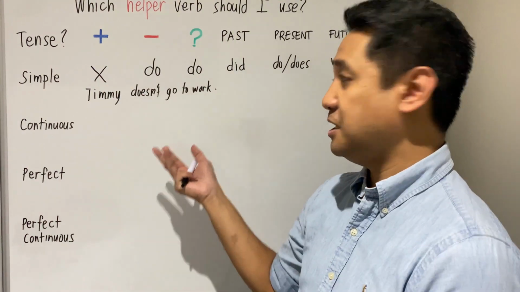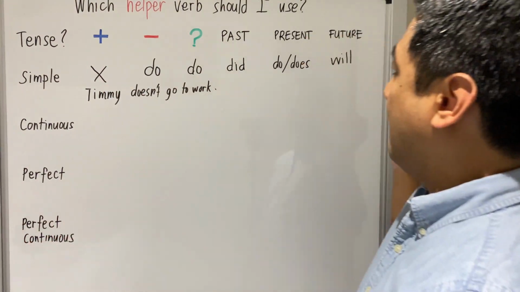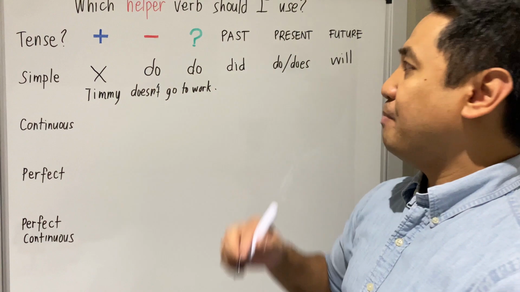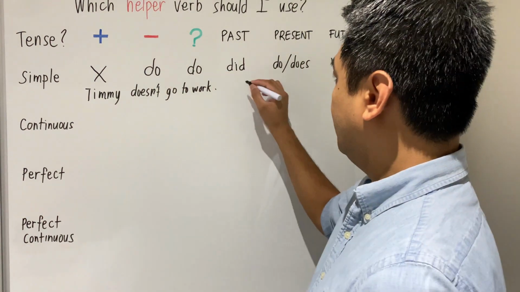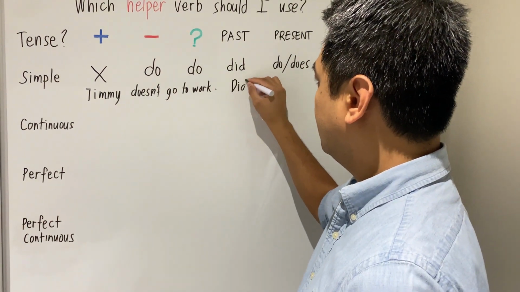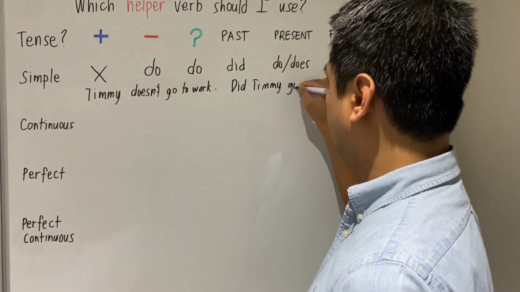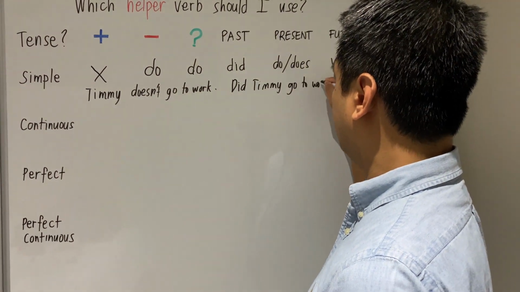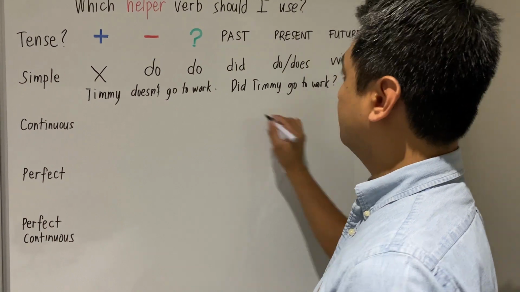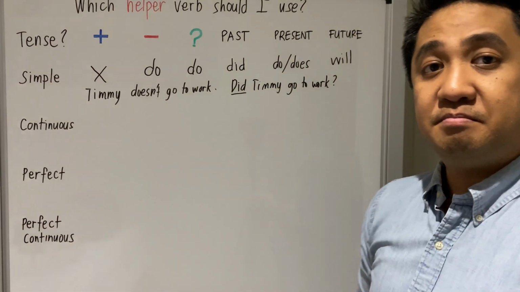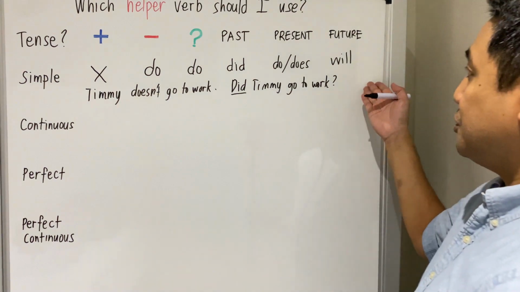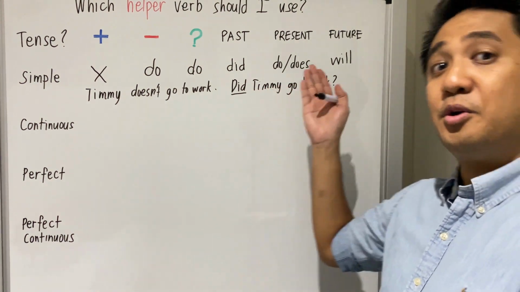It's just Timmy goes to work. Let's try past simple question. Did Timmy go to work? That's your helper verb. Now, future, will Timmy go to work?